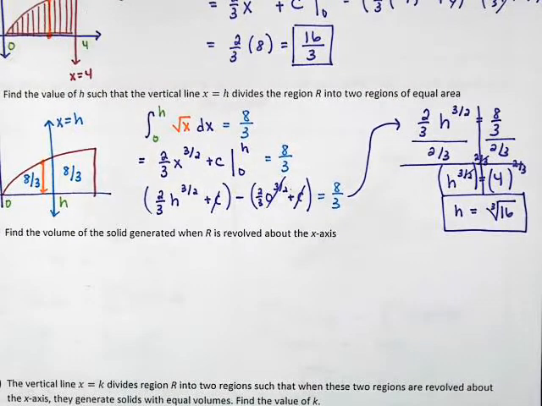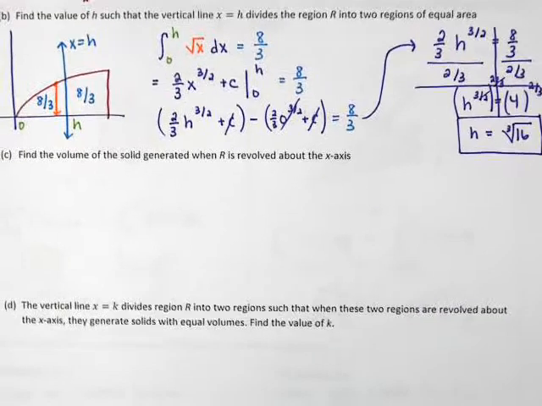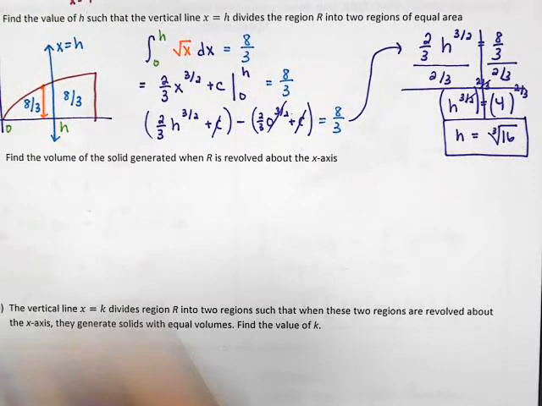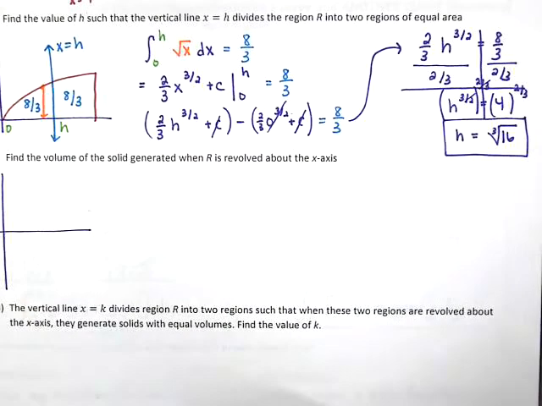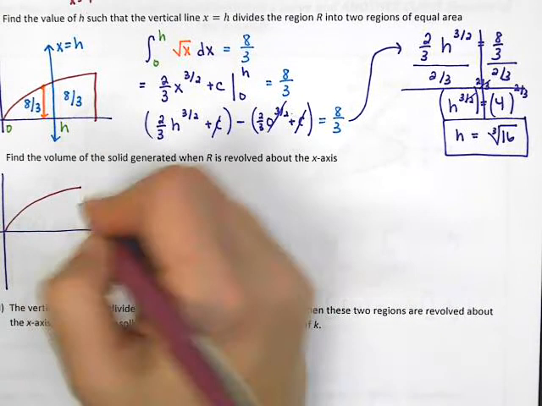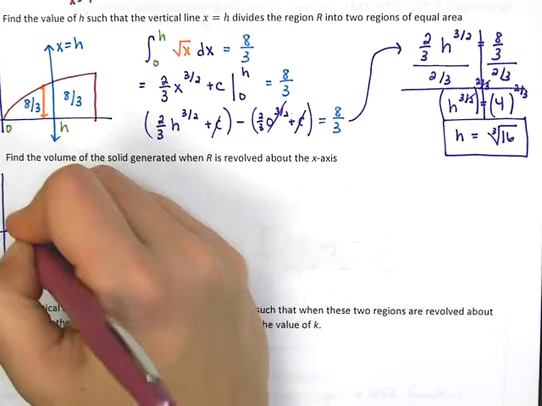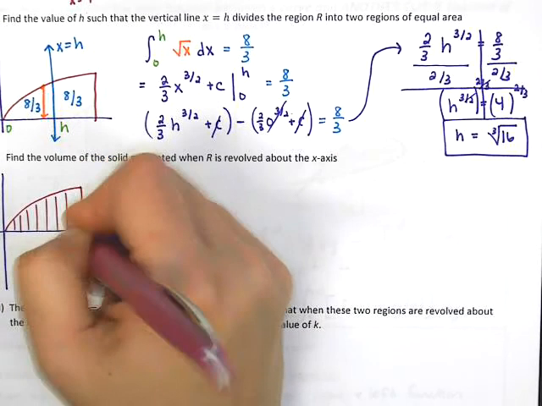Now part C says, find the volume of the solid generated when R is revolved around the x-axis. So now what we're going to be doing, and again I'm going to sketch a picture, is taking our area that we did in part A and revolving it around the x-axis.